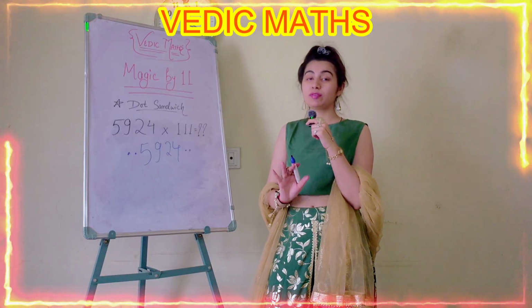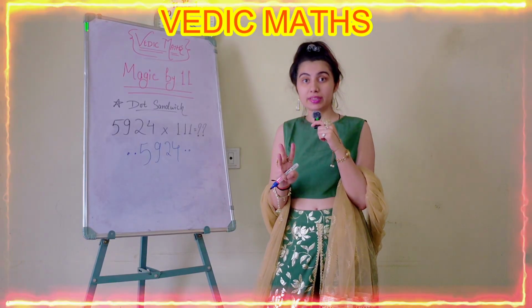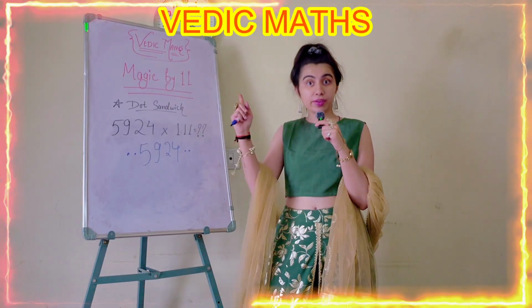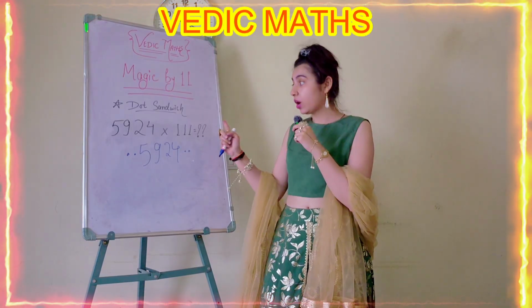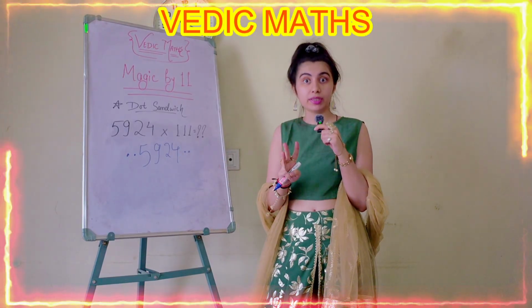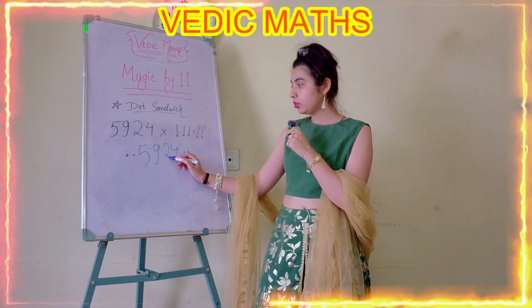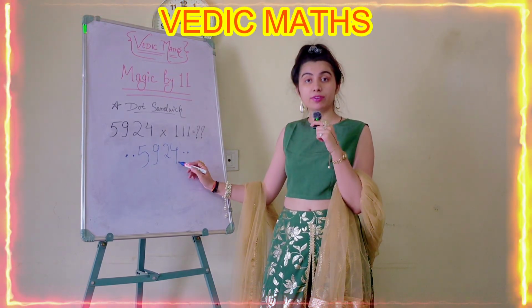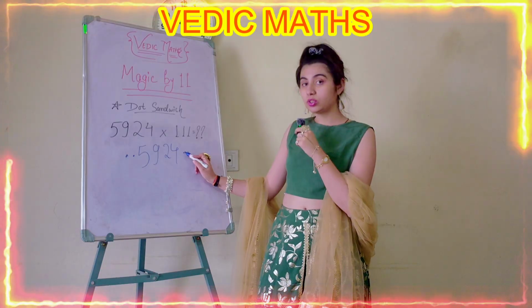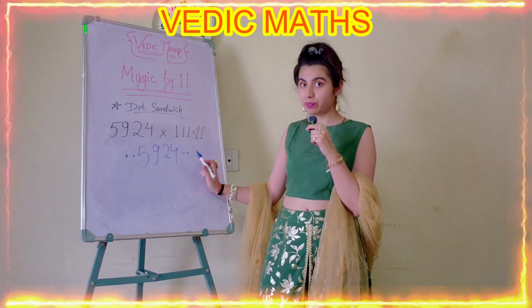Now we have to add 3 numbers at a time. For 11 it was 2 numbers, but for 111 it's 3 numbers at a time. Don't forget that. What will be our first step? The 2 dots plus 4, right?